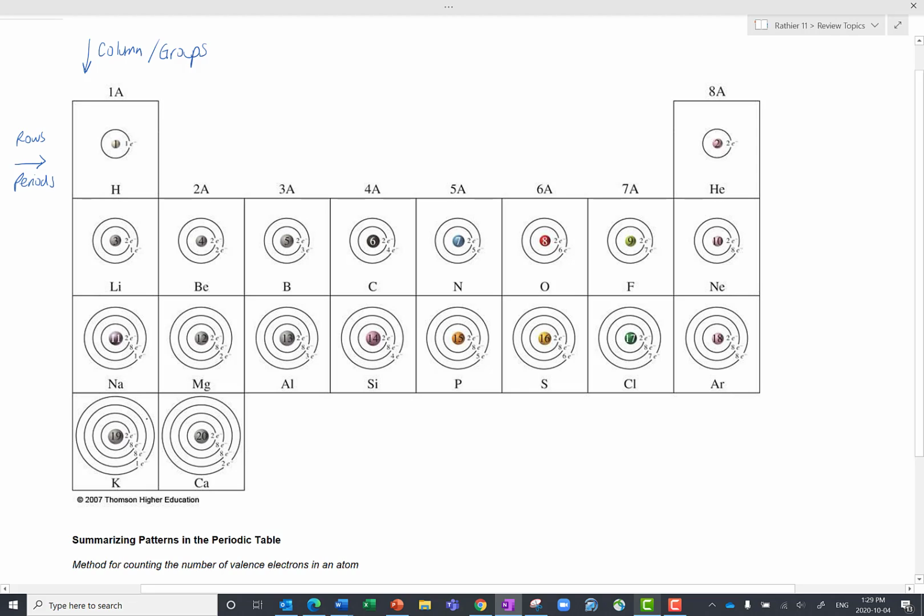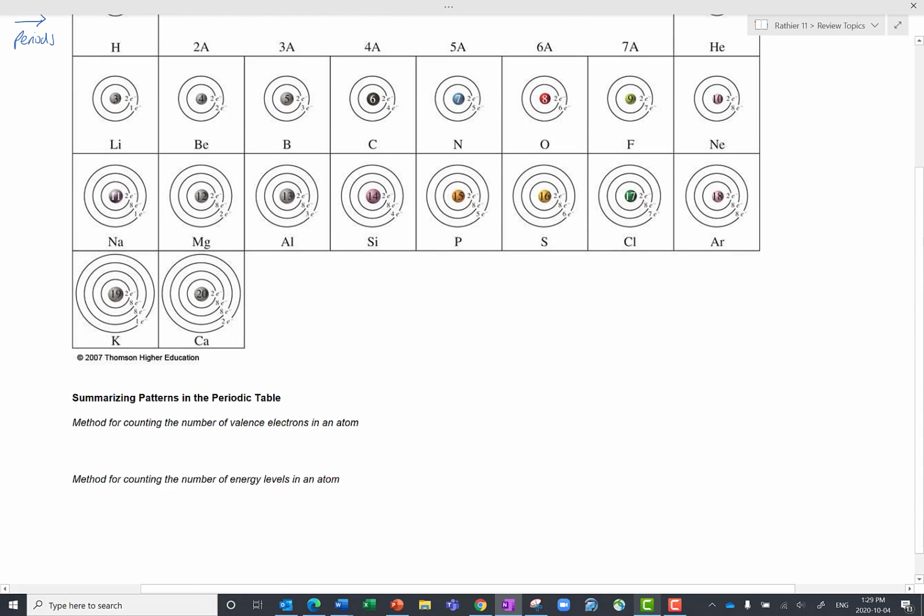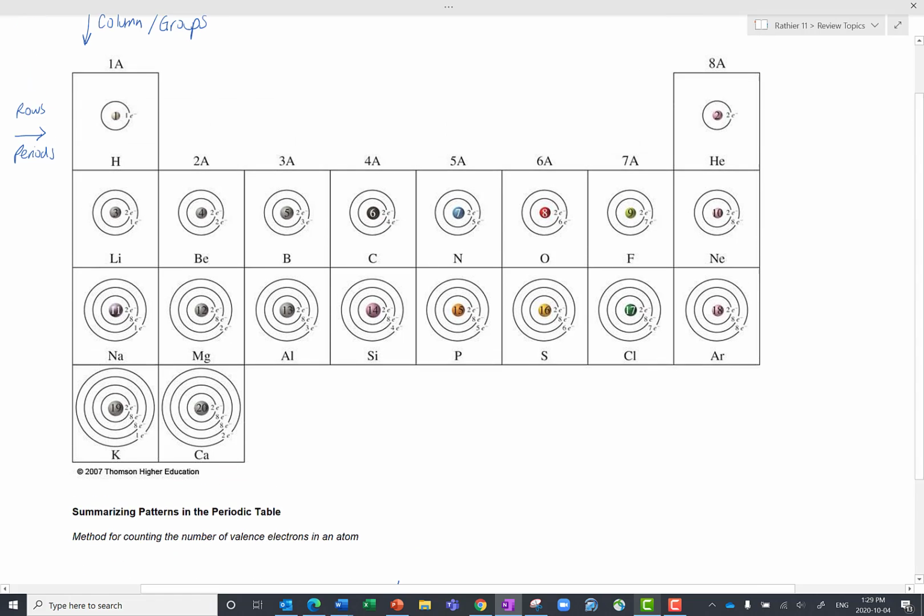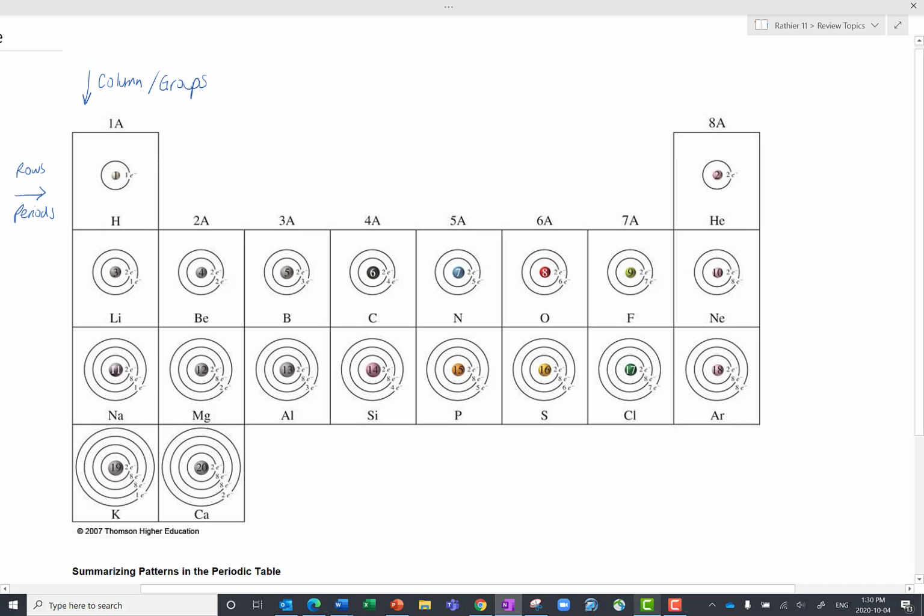So there's one pattern, right? When we're summarizing here, the number of energy levels in an atom is going to equal the period number. Okay, so you can look at an atom anywhere on the periodic table and you can predict how many shells it will have.